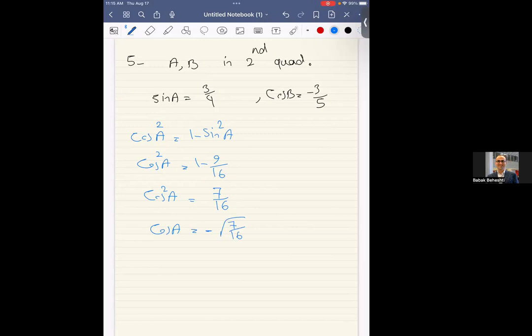And for B, you do the same thing. Sine squared B is 1 minus cos squared. So sine squared B is 1 minus 9 over 25, which is 16 over 25. Now, what is sine B here? Can you tell me? Positive.